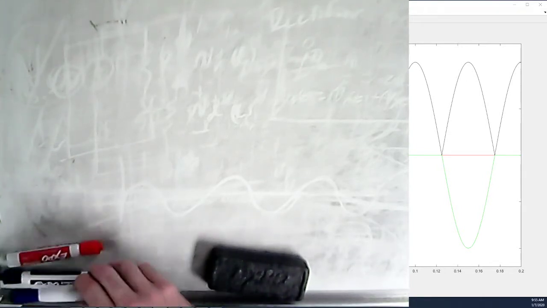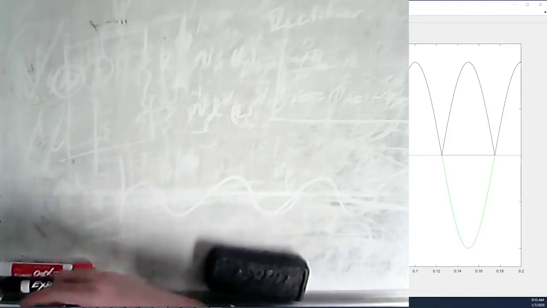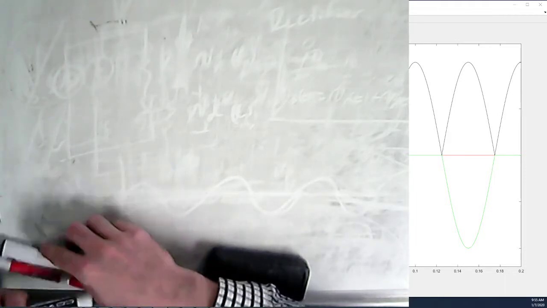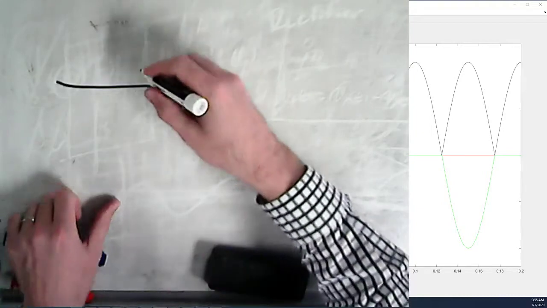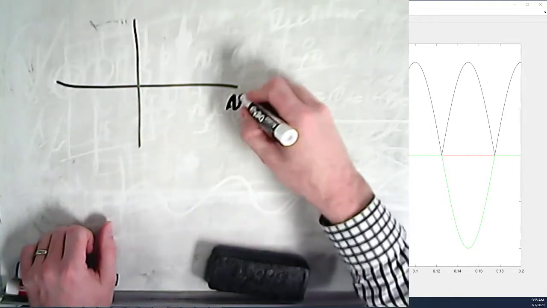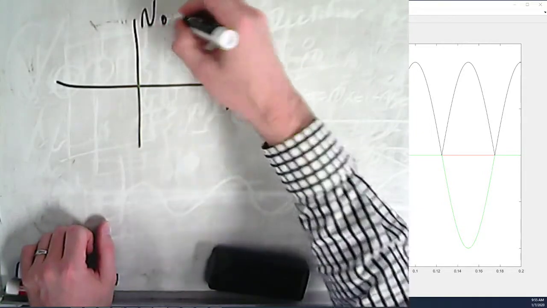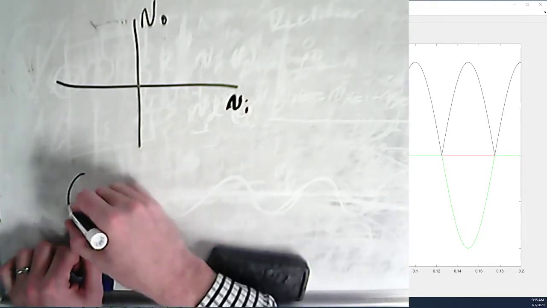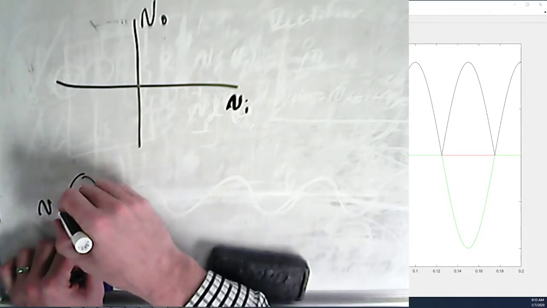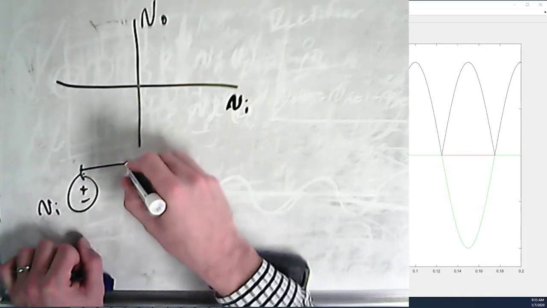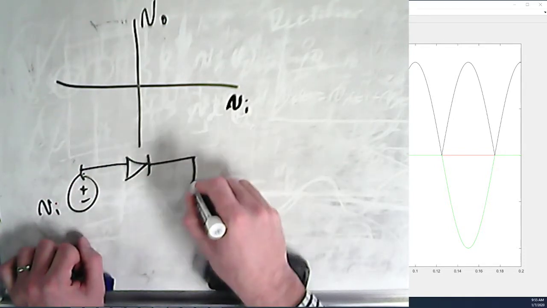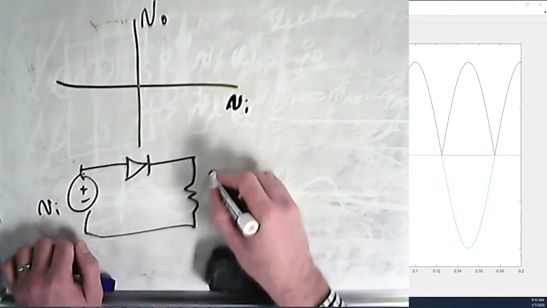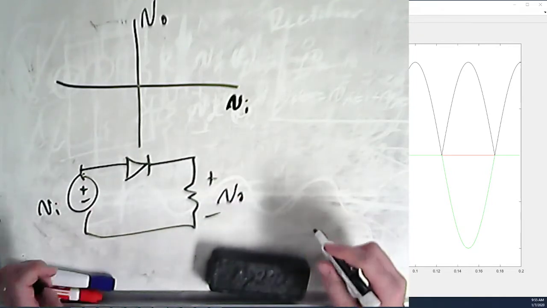One other thing that we can do is plot V in versus V out. Just to be clear, we'll call this V in. I'll put a diode like that, and this voltage here is V out.